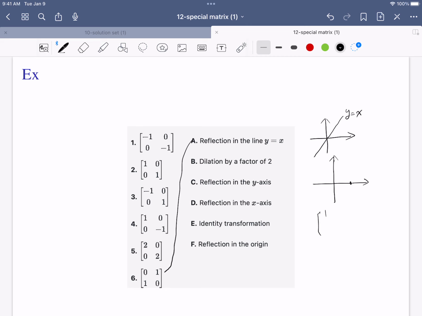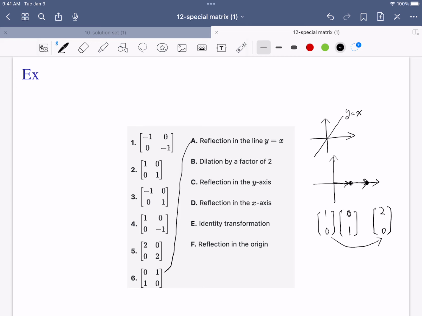One point is 1, 0, the standard vector, and the other one is 0, 1. So 1, 0 is here. Then by dilation, this arrow will be twice bigger. So it comes up to another point, 2, 0. So this is coming to 2, 0.